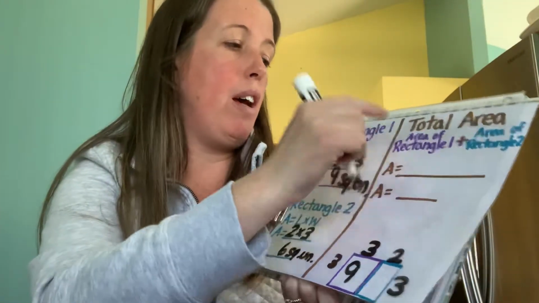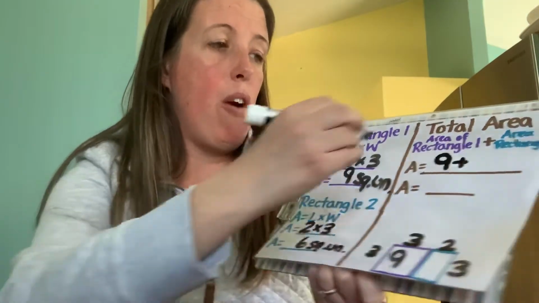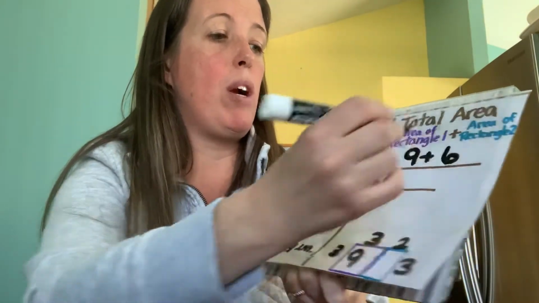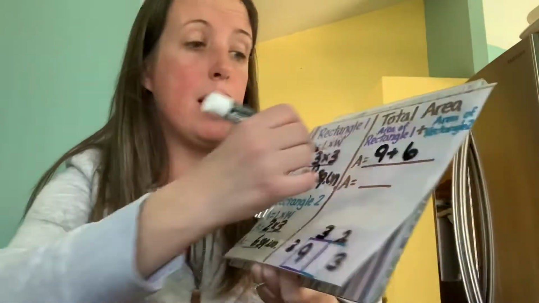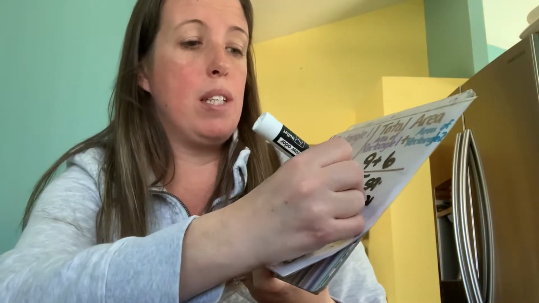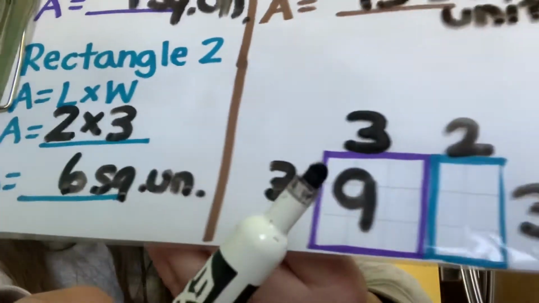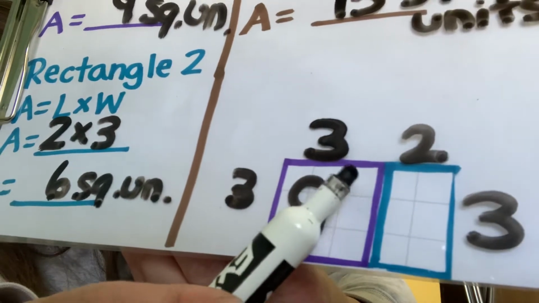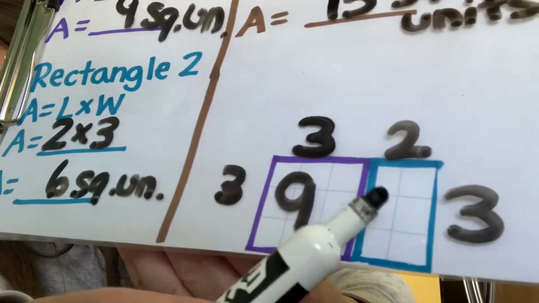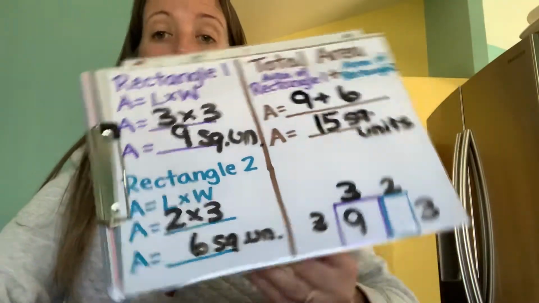So the area of rectangle 1 was 9 square units, plus the area of 2, which was 6 square units. 9 plus 6 equals 15 square units. And if I count all the boxes, you can see 1, 2, 3, 4, 5, 6, 7, 8, 9, 10, 11, 12, 13, 14, 15. It does have an area of 15 square units.